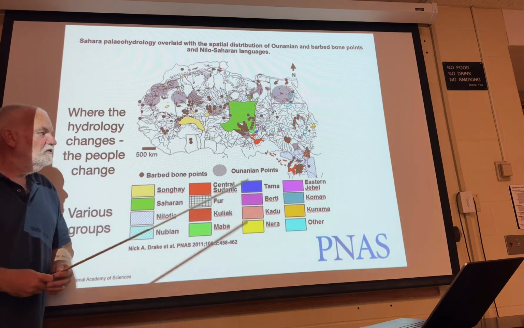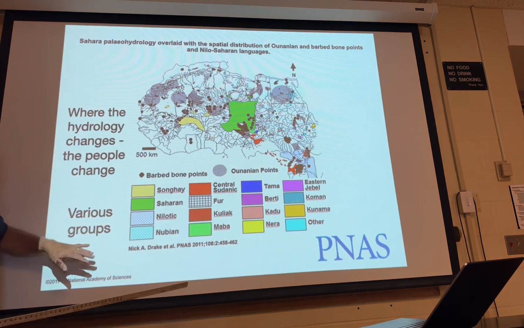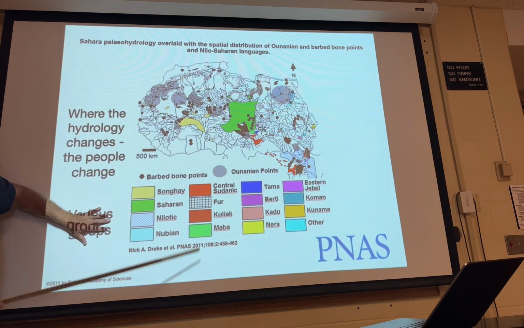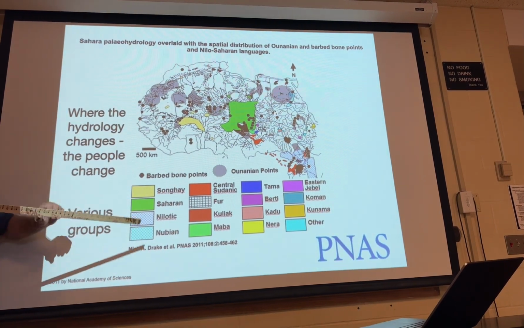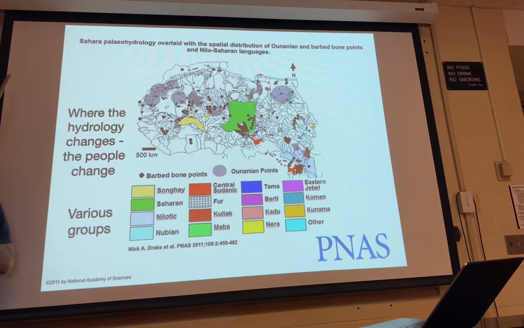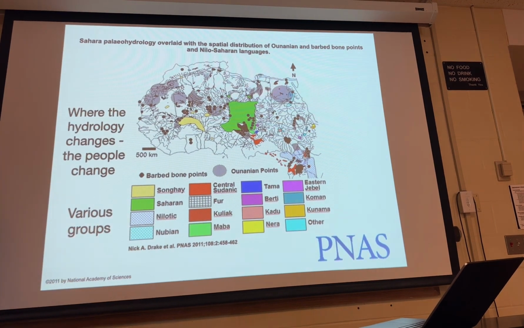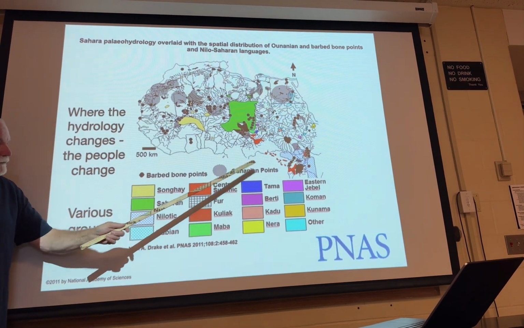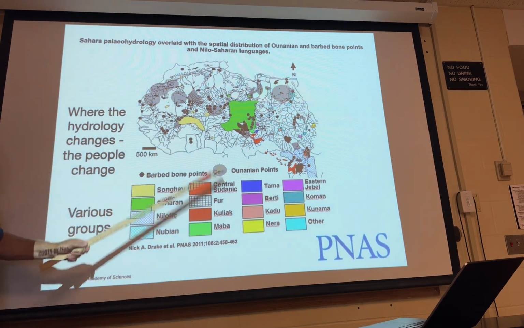The land use that's associated with this, a series of archaeologists looked at this, and I don't know what you want to call the various peoples or types of peoples or groups of peoples or tribes or whatever, but the people that were occupying the Sahara Desert 8,000 years ago go by different names, and they have different distributions. This one lived here, this one lived in that part of the area.